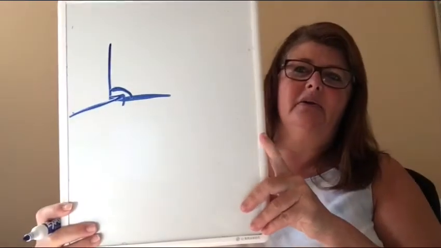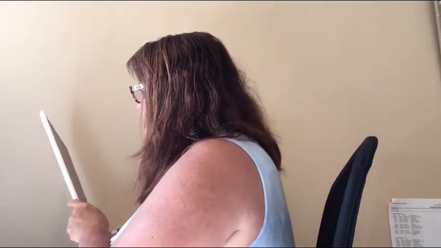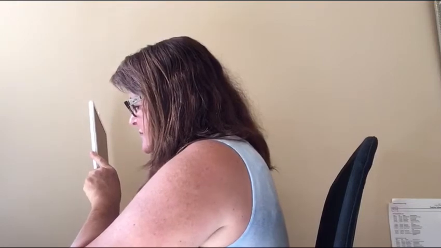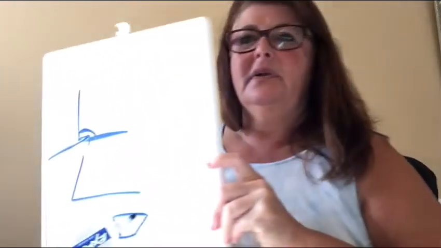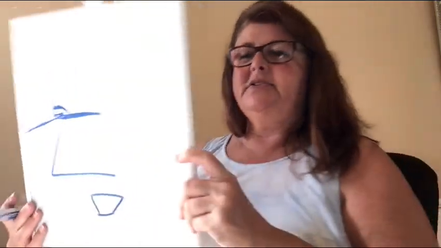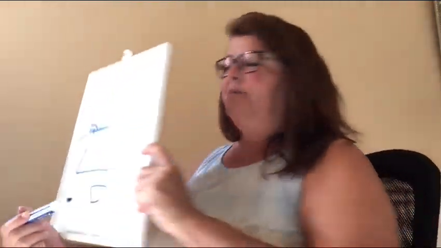That's my right angle. Right angle is like that. So it's not like this. It's not like this. It's not an angle like this. It's an angle like this on the bottom.